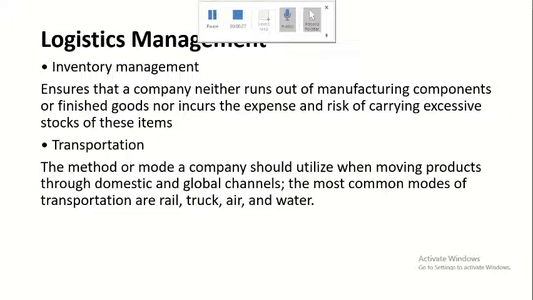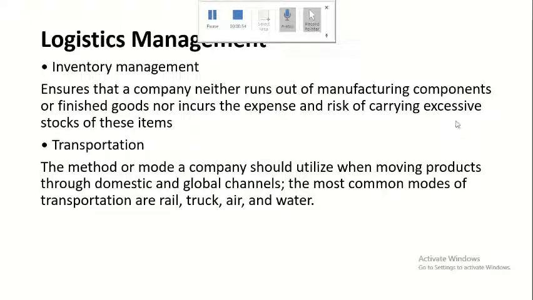And then transportation. There are a lot of modes of transportation that a company should utilize when moving products through domestic and global channels. The common modes of transportation are rail, truck, and water.